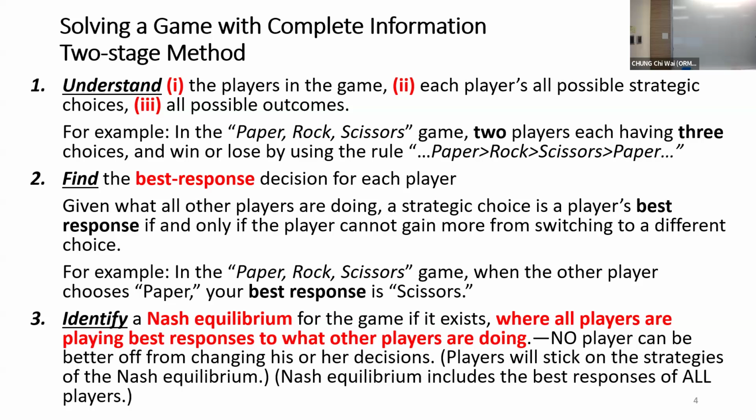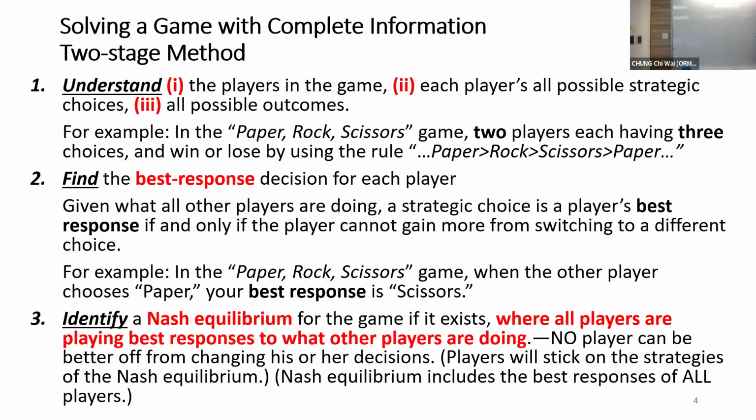And no player can be better off, I mean, get a better result, either higher payoff or better outcome, from changing his or her decision at this point. So players will stick to the strategies of the Nash equilibrium.